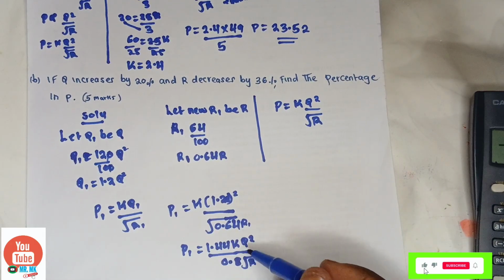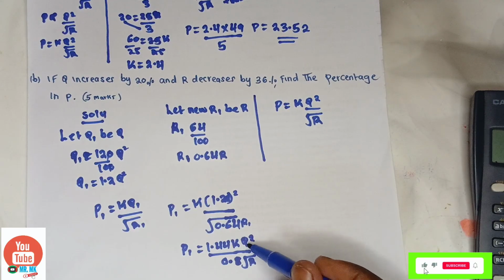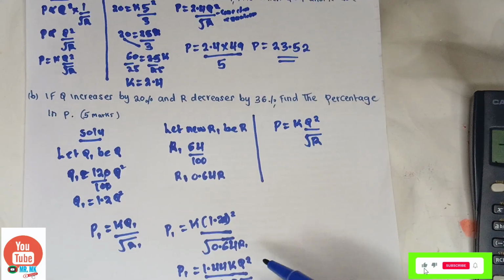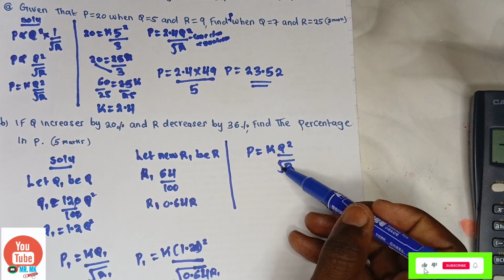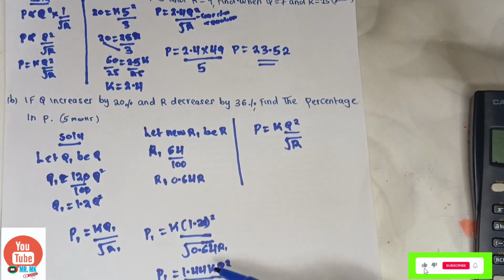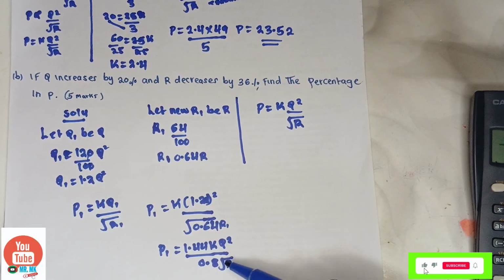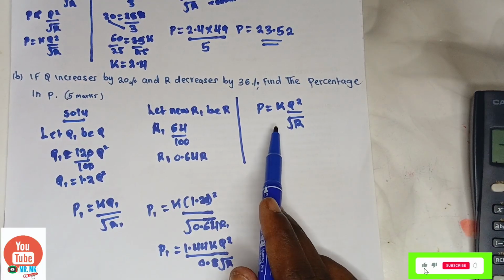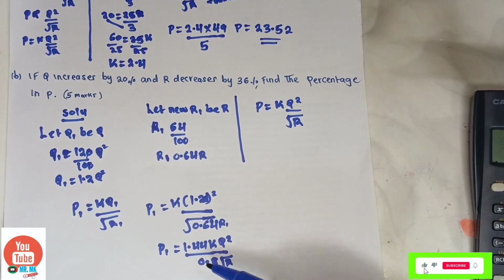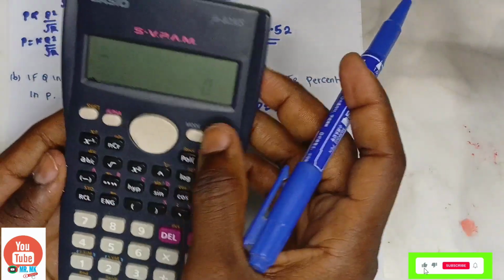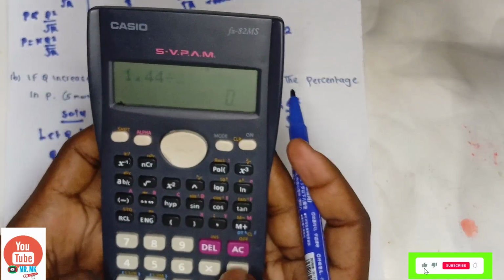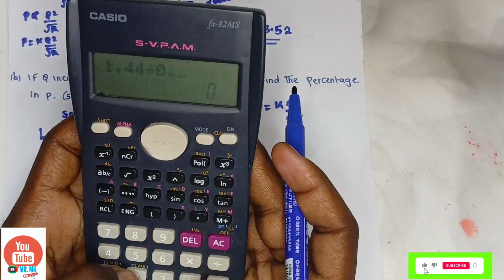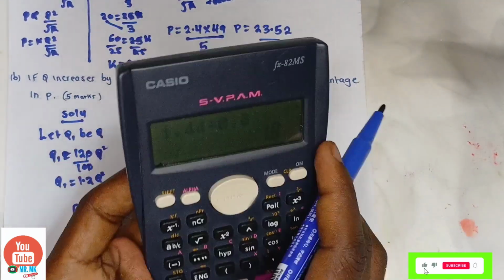Now I think it is similar to K Q squared over the square root of R. You see original P, it is similar here. Here we say original P will be K Q squared over the square root of R. Now wherever you have K Q squared over the square root of R, we replace with original P. Now let's first divide 1.44 divided by 0.8 to get the new P. That is 1.8.